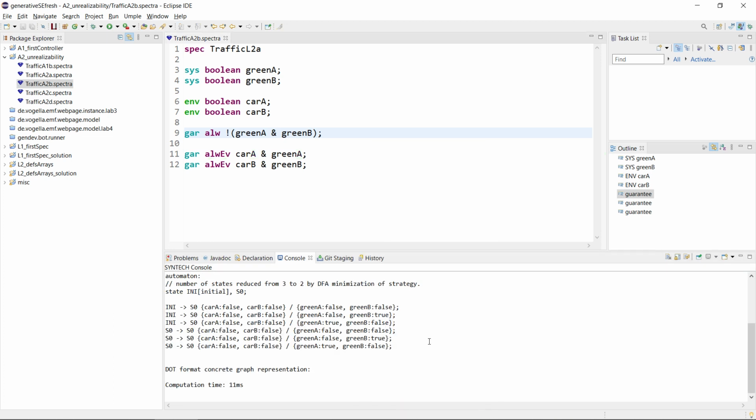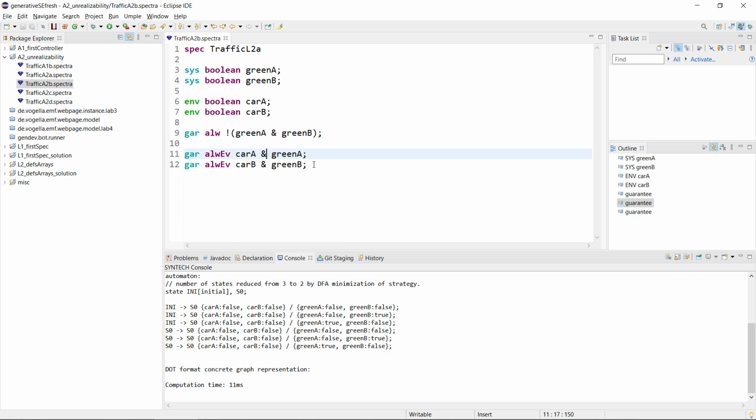The counter strategy is also quite simple, and just by looking at it we see that the environment always gives us false for cars on A and cars on B. So there is never any car coming on A, never any car coming on B. So we're clearly missing some assumption here, or maybe something is wrong with these guarantees, that they are not the right guarantees.